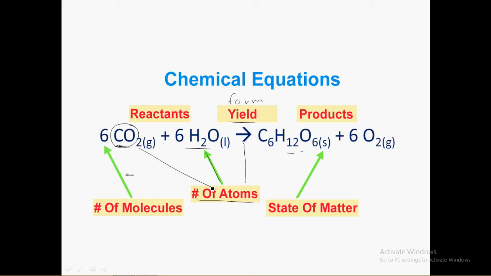This arrow, as we told, means yield or forms: what the result will be when we add those molecules together. This G, S, L, another G stands for the state of matter.